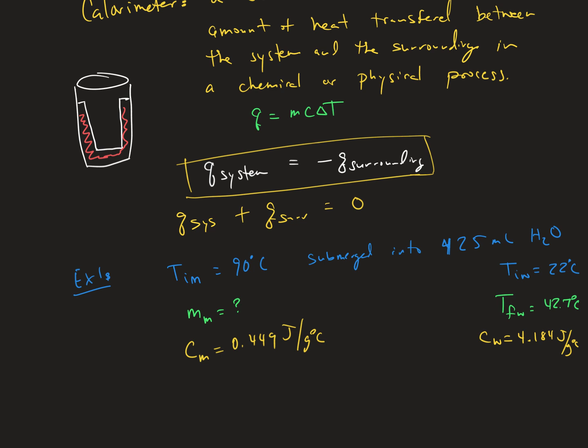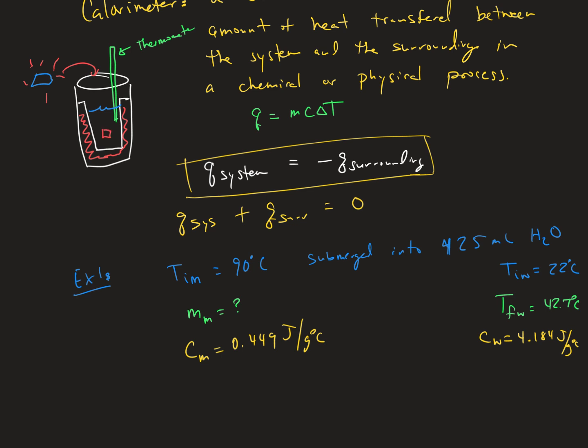So anyway, we also have a thermometer sticking out. I'll just label that, it's a thermometer, not a straw. And then we have water in here. And we get a piece of very hot metal, and we throw it in there and put the lid on so that no heat escapes.